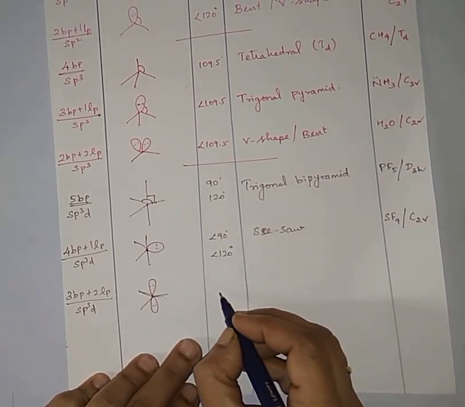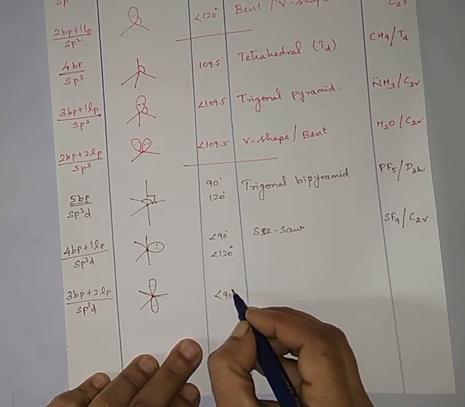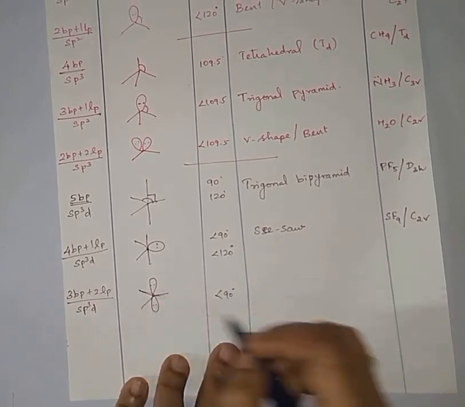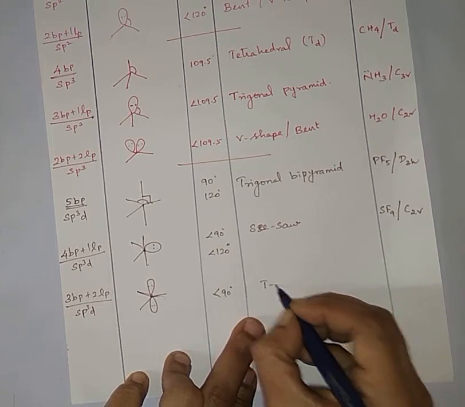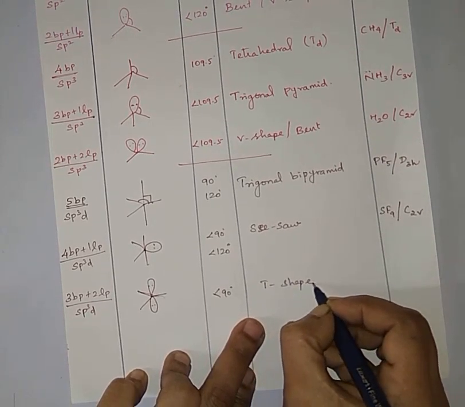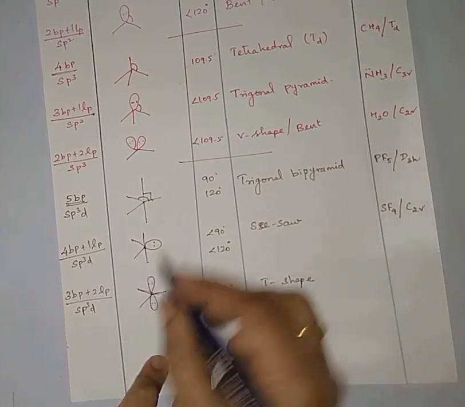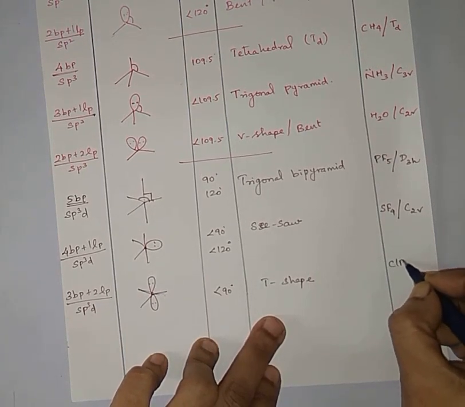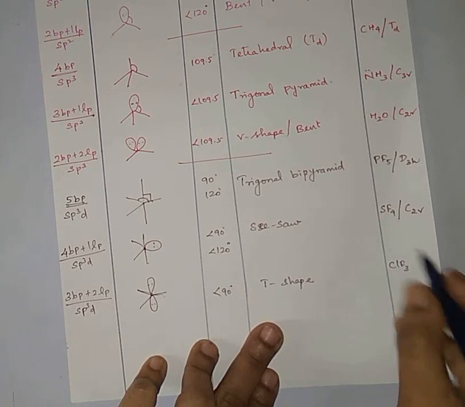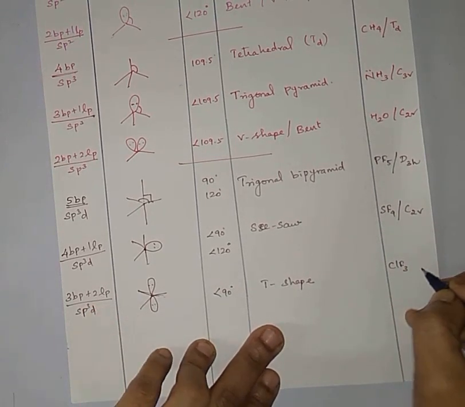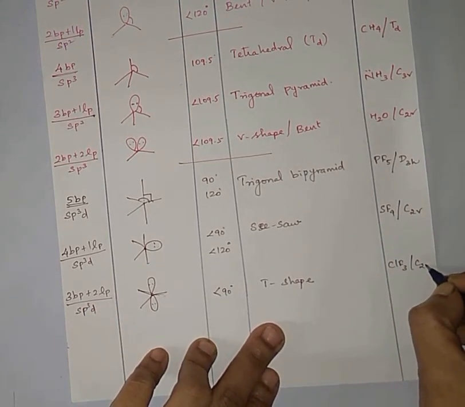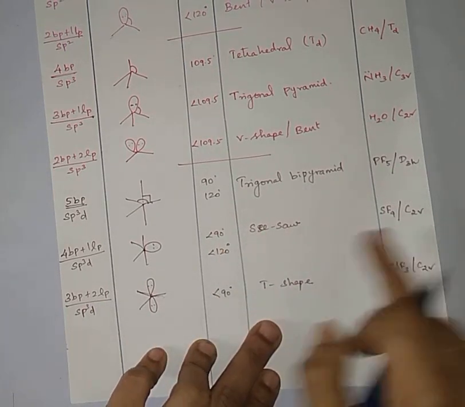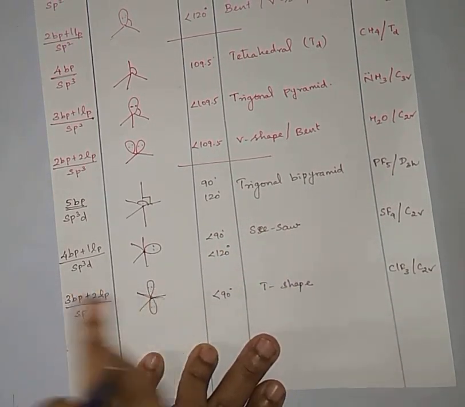This is also less than 90. This looks like a T-shaped geometry, and it is also C2v point group, and the example is ClF3. So three bond pairs are there.